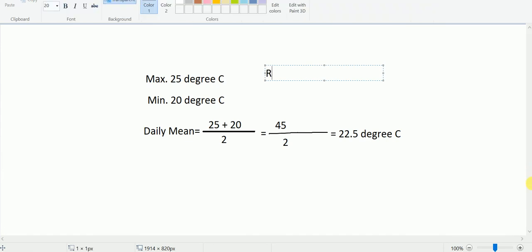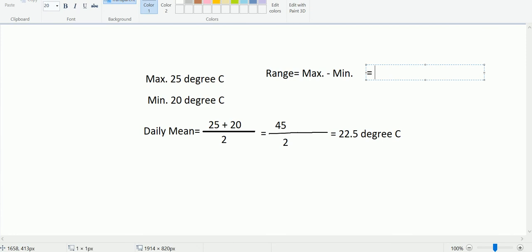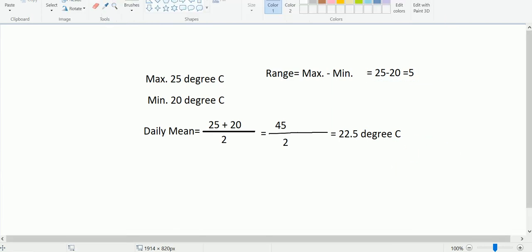To find the range of temperature, we have to subtract the minimum temperature from the maximum temperature. If you subtract, we will get 5 degrees Celsius. So this 5 is the range of temperature.